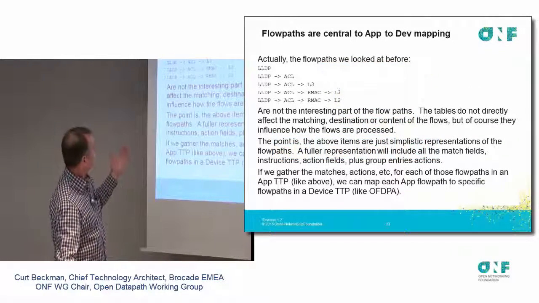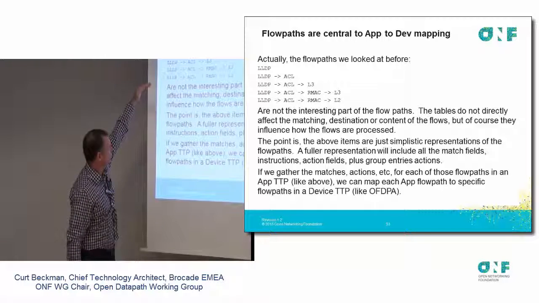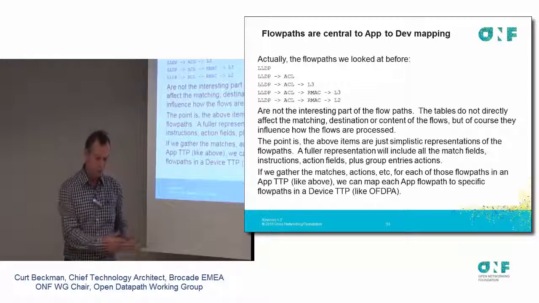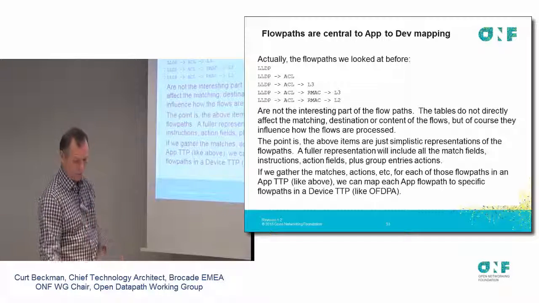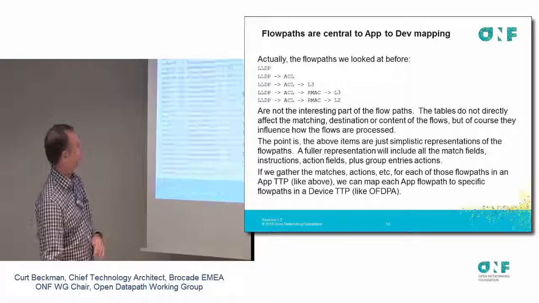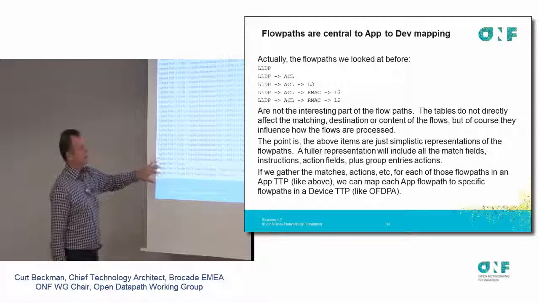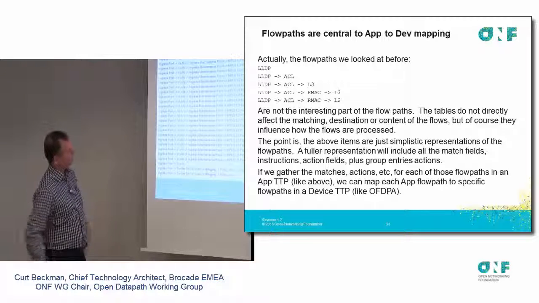Okay, and I talked about the mapping already, so I basically covered this slide. Essentially, there are many different ways to get through a model, and you just need to make sure that you can do functionally, identically, the same things in the device. And this is a partial list of all the flow paths in the OFDPA. I just picked out 30 of them or something.